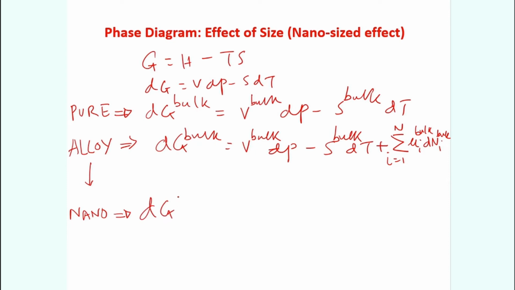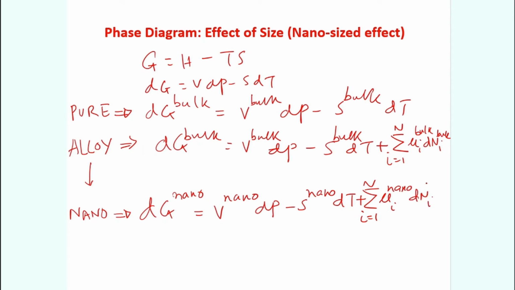So, that is why we write dG nano is equal to V nano dP minus S nano dT plus summation i equal to 1 to n mu i nano dNi nano.